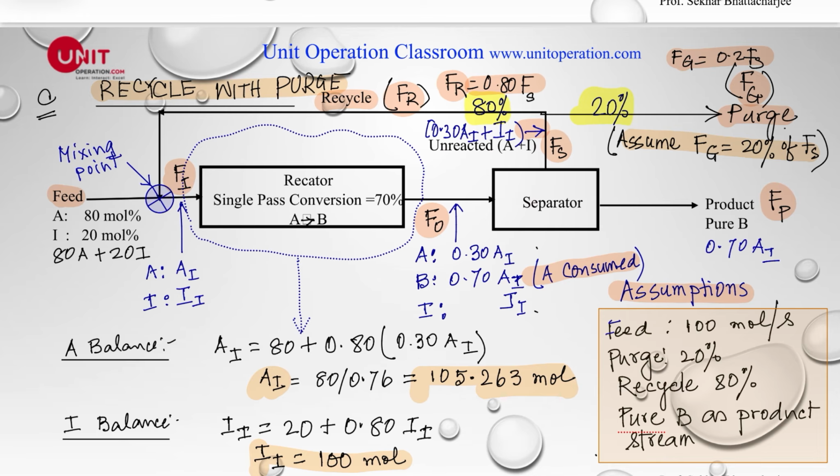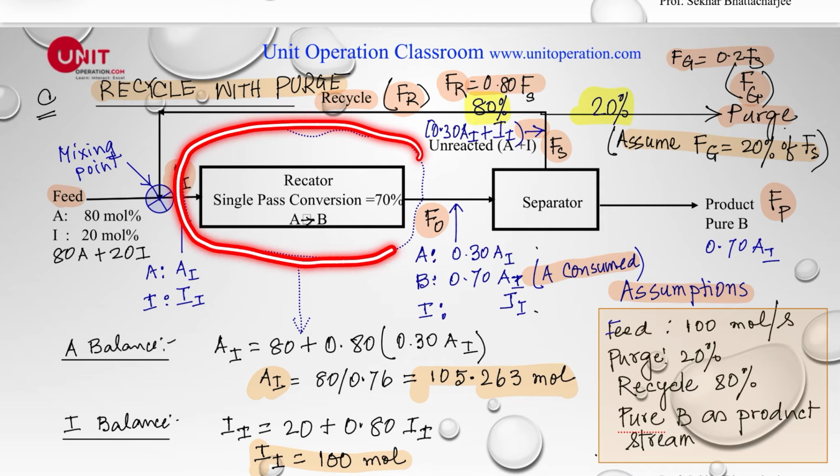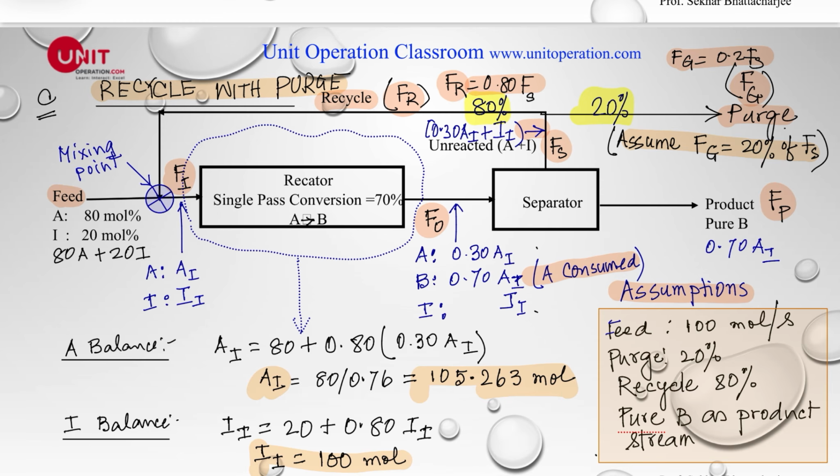So if we do the A balance on this reactor, A_I, which is entering right here, is the number of moles of component A entering here, and that should be equal to 80 plus what is coming over here. See, this is 0.30 A_I that is coming in, and that goes in right here and out here, and out of that 80% comes back as recycle.